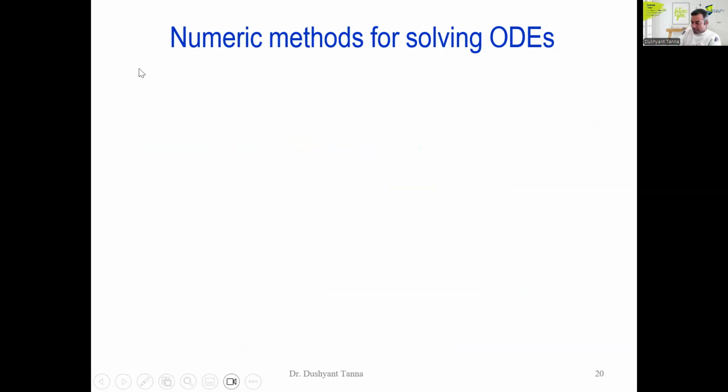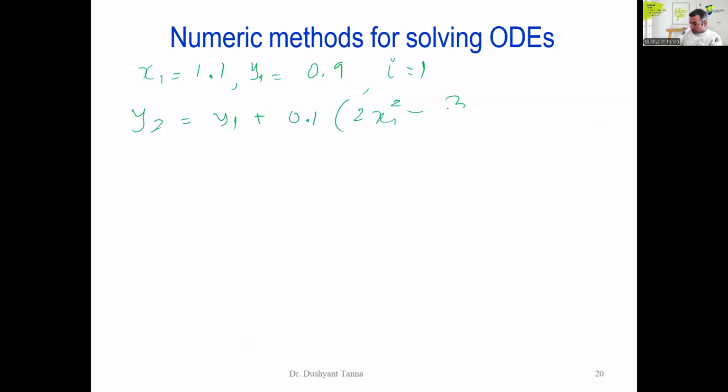Okay, so I will have my x1 as 1.1. I already got my y1 as 0.9. Now I will let i be equal to 1, and so I will get my y2. Write it again: y1 plus h times 2 x1 squared minus 3 over x1 y1.